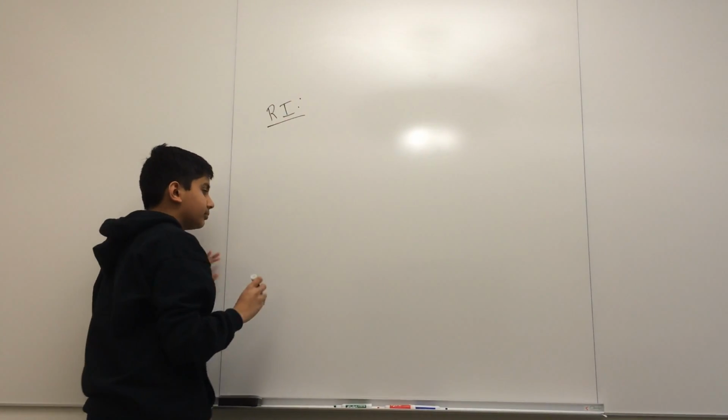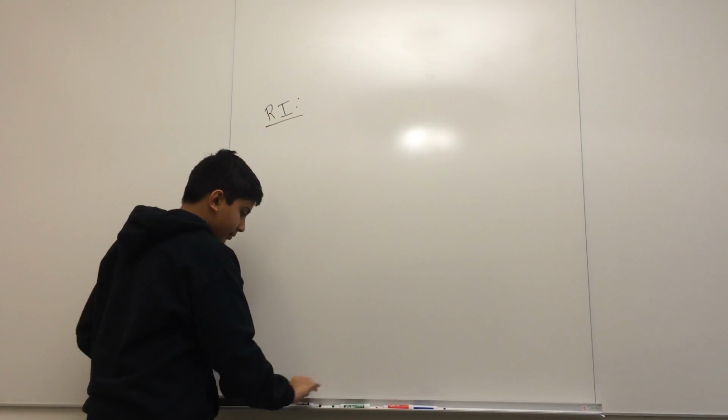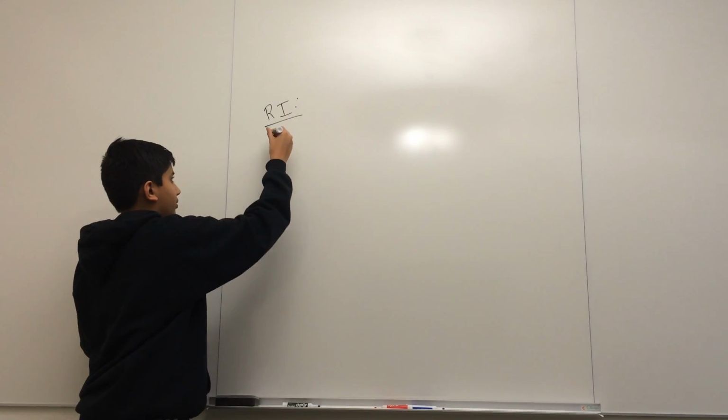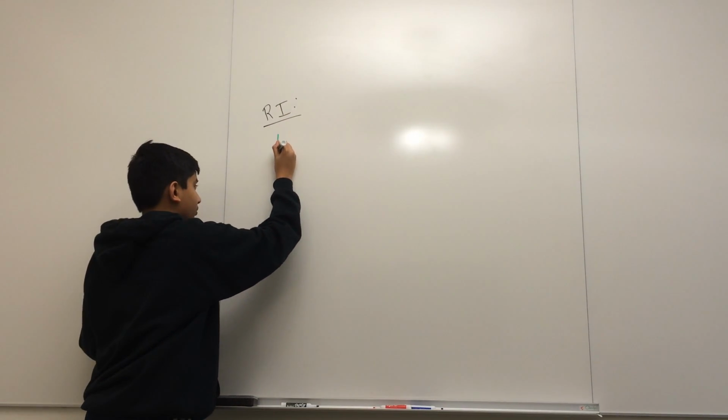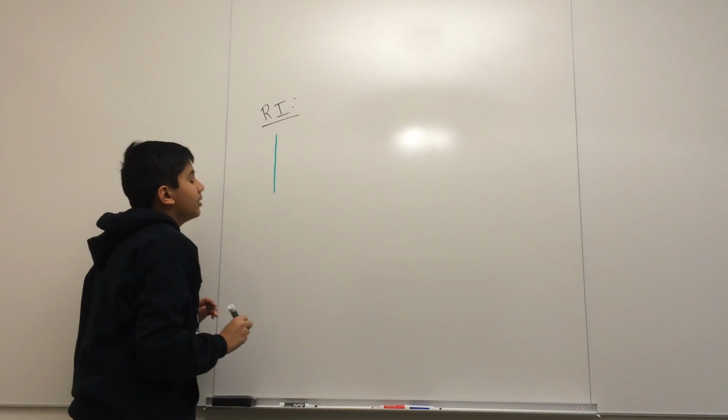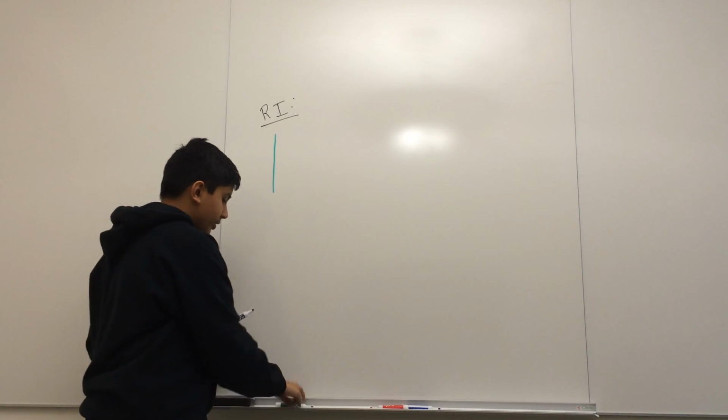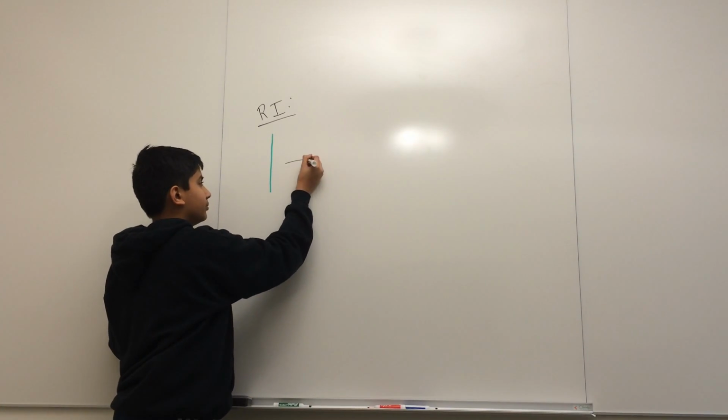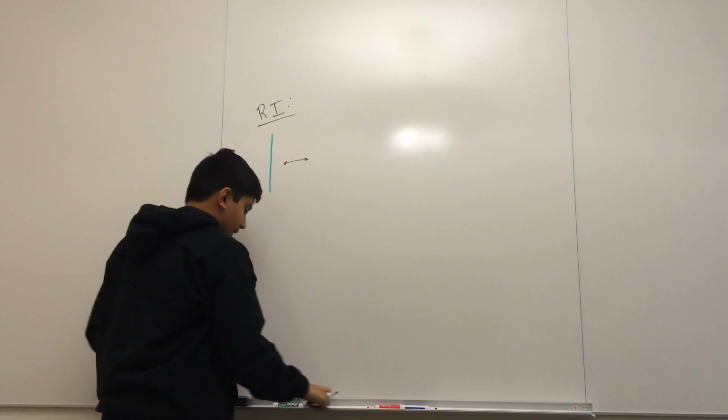So let's consider R1. Let's say you have a green strand like this. By Reidemeister move 1, this can be taken to this.